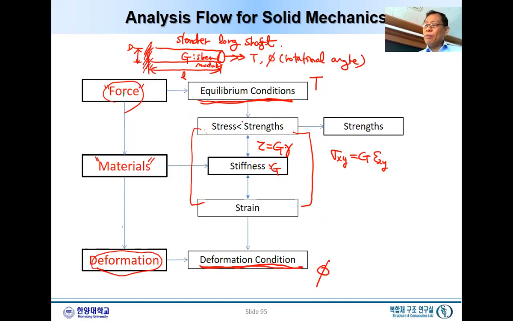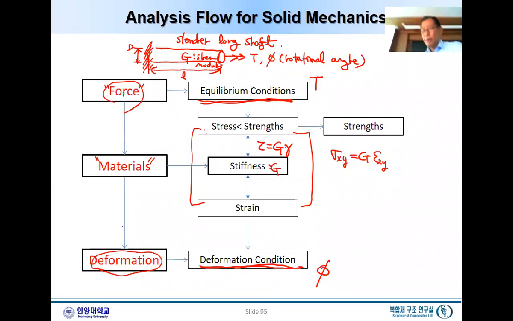So this 3 plus 5 plus 1 flow chart is equally applied to this torsional theory. As I emphasized so many times, I want to remind you of this fact, and please keep this in mind again.